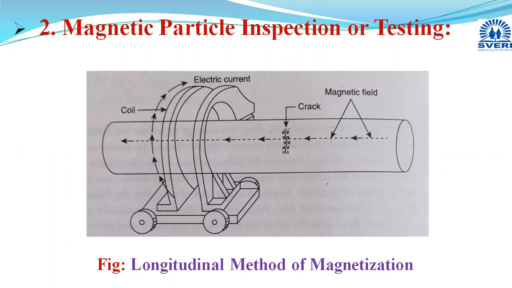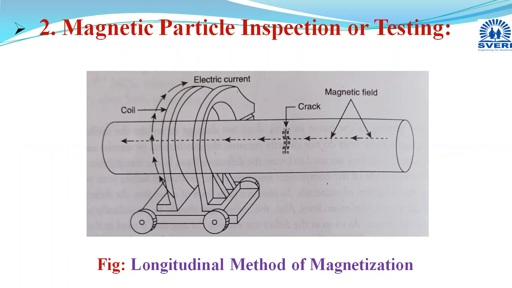We are using fluorescent ferromagnetic powder, which emits light when observed under ultraviolet rays. Fine ferromagnetic powder is applied, and the other magnetization methods will be the same.